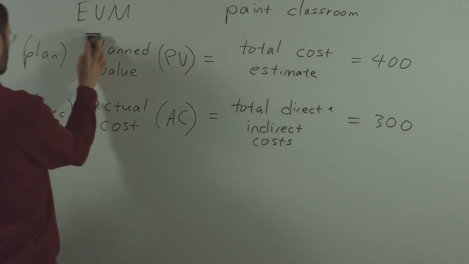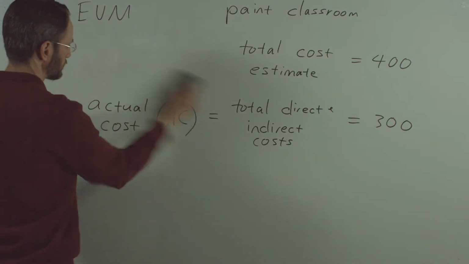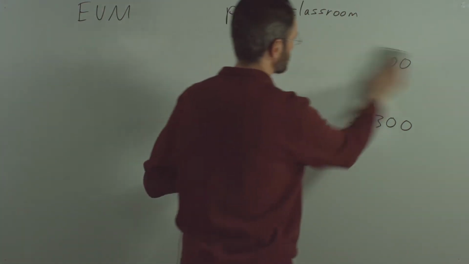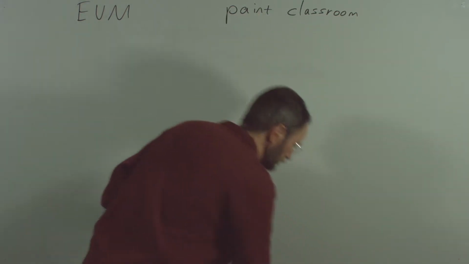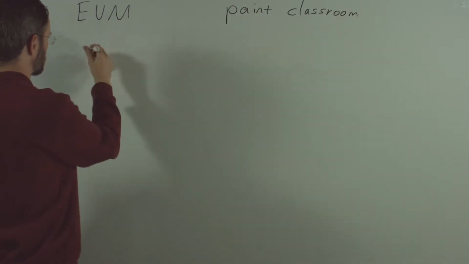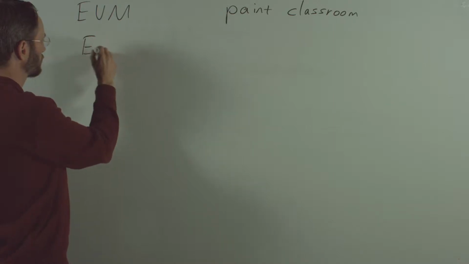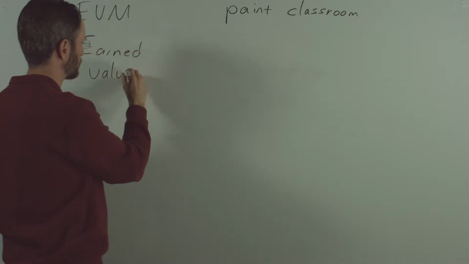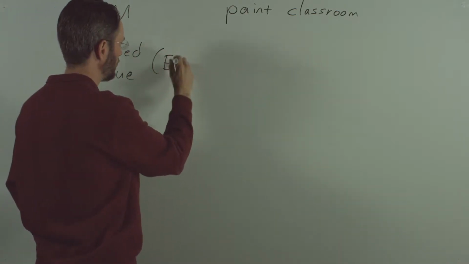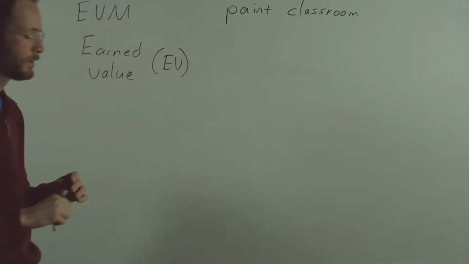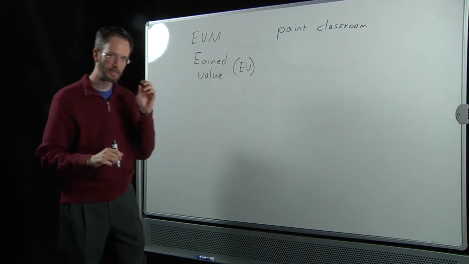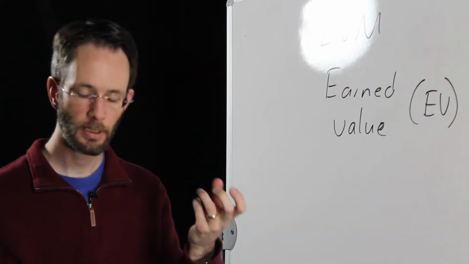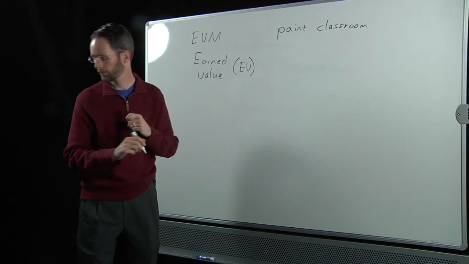Our next number is earned value, or EV. Earned value is not really a monetary figure, so to speak. It's just a value you place on the physical work that you gain during that activity.